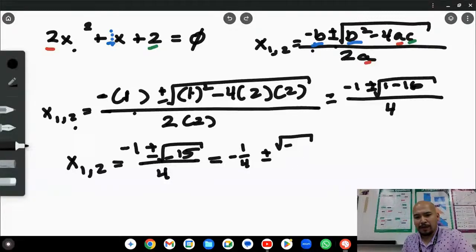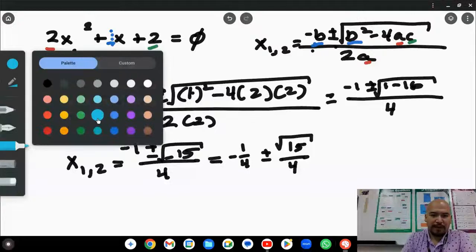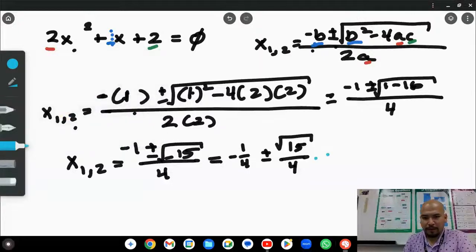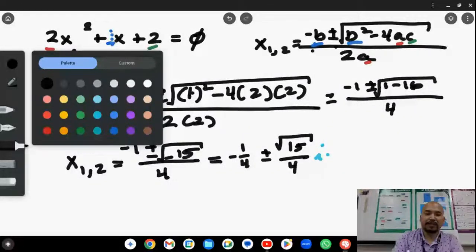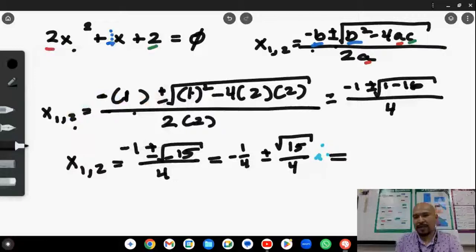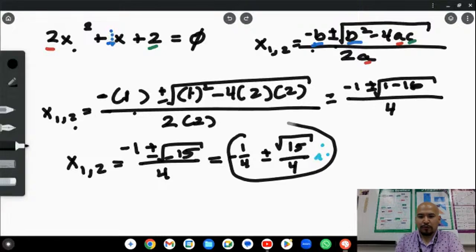But what you're supposed to do is remove the negative, and you're supposed to slap an imaginary I. That letter just tells the reader that the result you have there is a result from a square root of a negative. So then you're pretty much done. If you want to keep it like that, that's fine. This is all you have to show me.